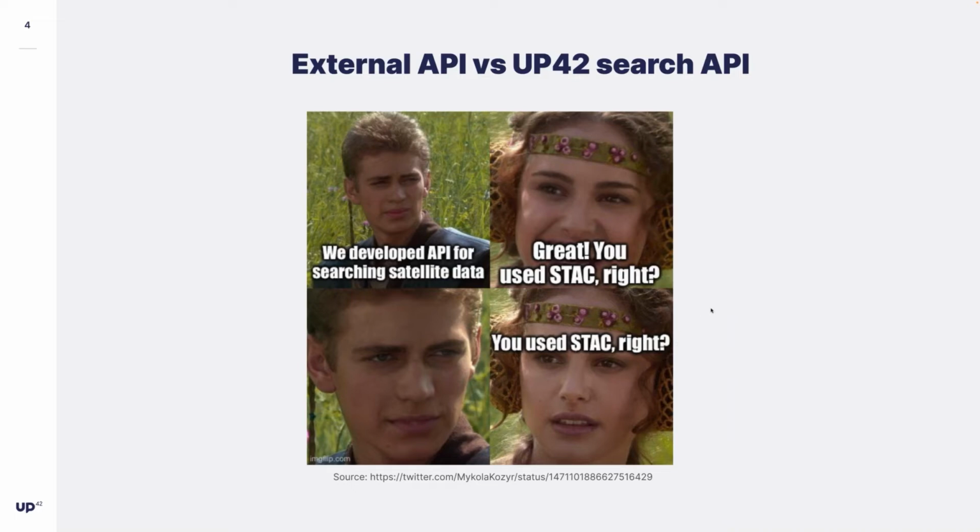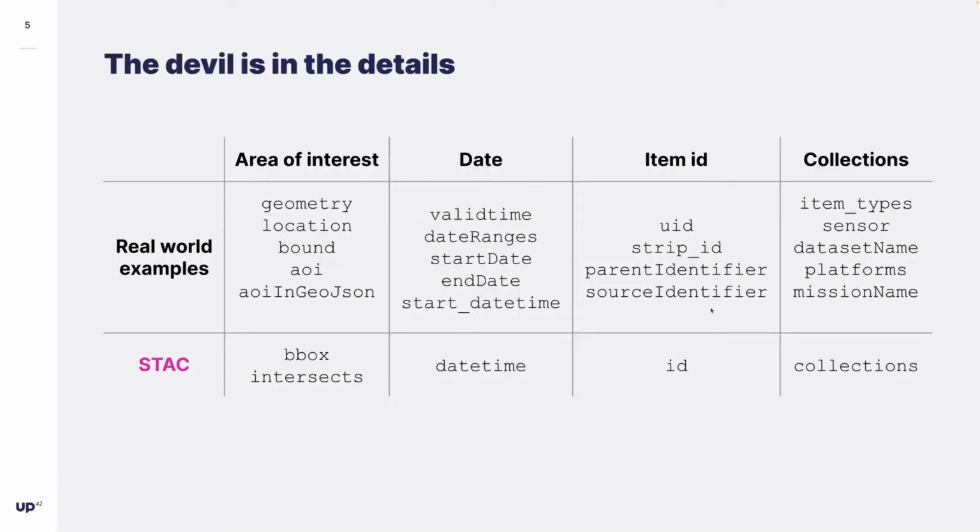Here is a table where I tried to combine how different companies or different APIs described the same entity, so to say. If you look at this table, the variety is extreme. For example, along with bbox and intersects to describe area of interest, we found geometry, location, bound, AOI, and even AOI and GeoJSON.